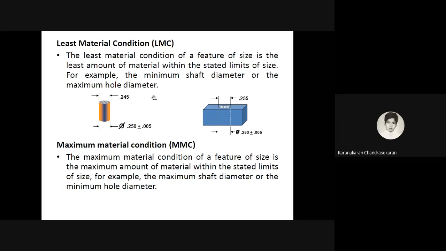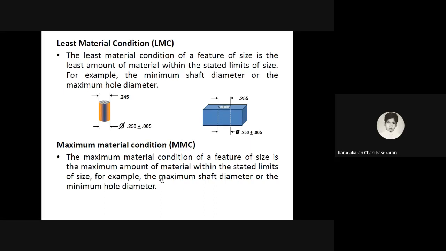So now, in this case, we can take the least shaft diameter, or the maximum hole diameter. So the least material condition of a feature is the least amount of material within the stated limits, the very least amount of material. Similarly, when we go for maximum material condition, we must take the maximum amount of material which is stated.